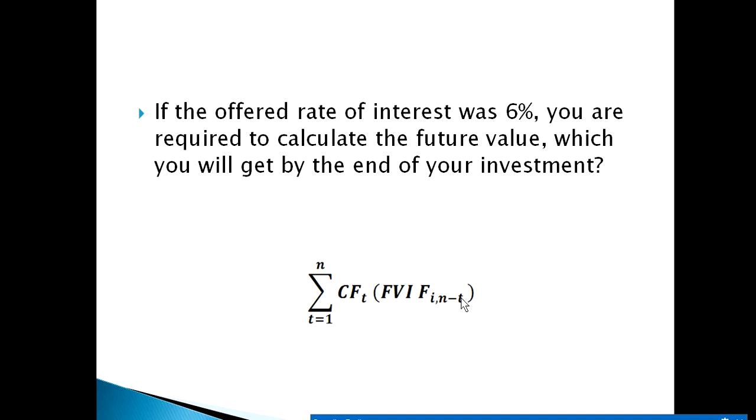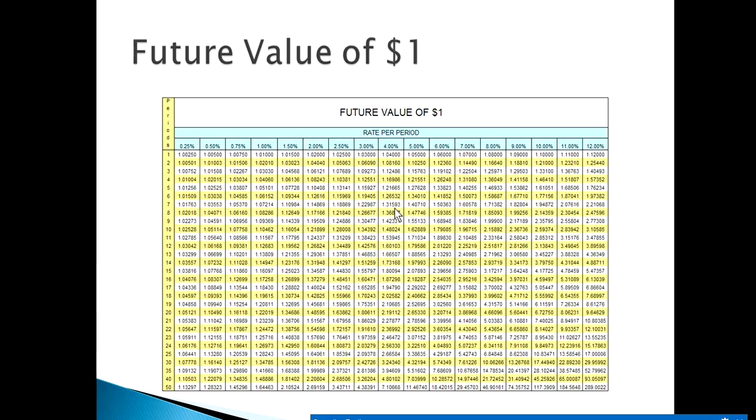For example, the first year, second year, third year, and so on. And here we can see the future value of one amount table. So we have to use this table in order to calculate our future value for these unequal payments.